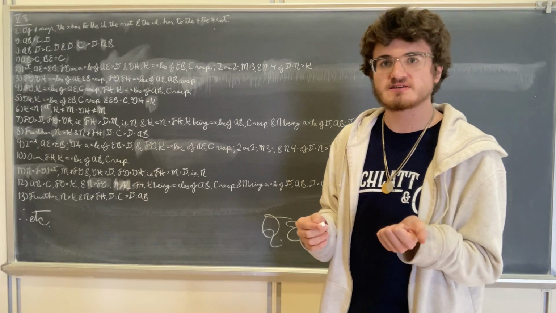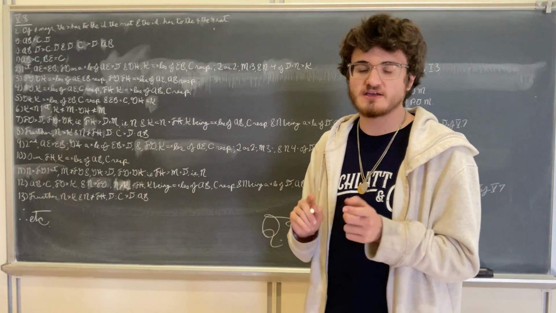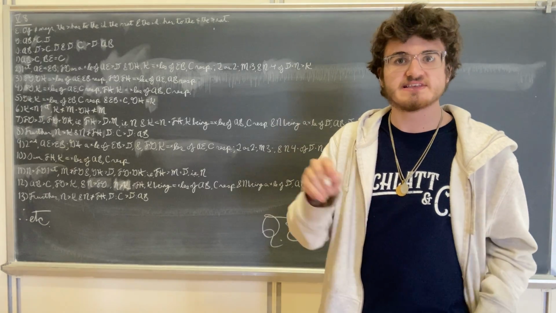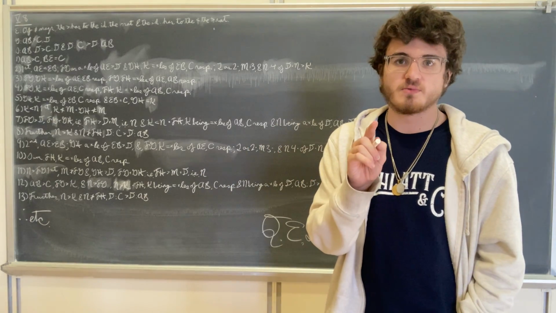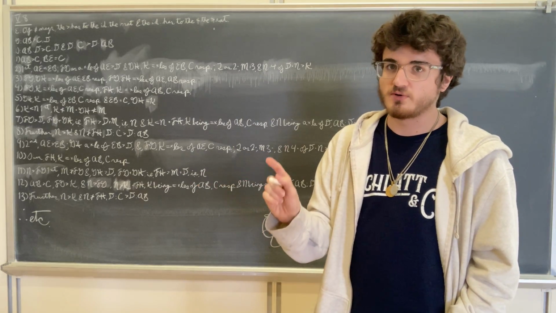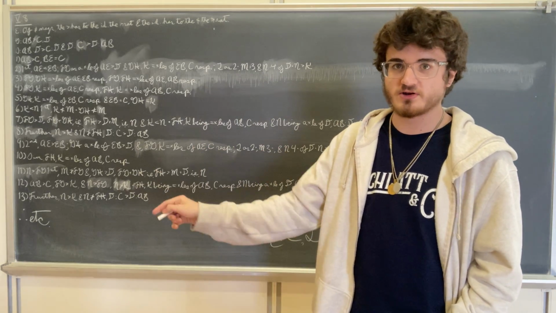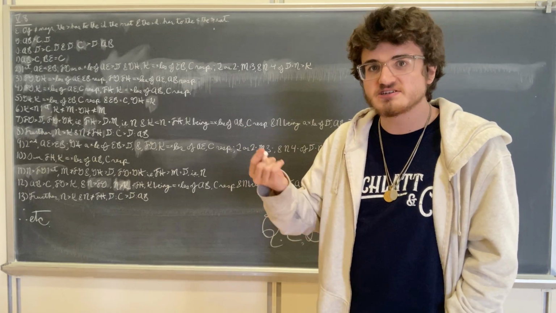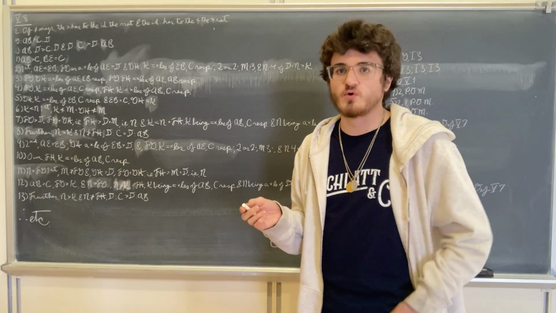If you have four magnitudes and equal multiples be taken of the first and third, and other equal multiples of the second and fourth, if the multiple of the first be greater than the multiple of the second, but the multiple of the third be not greater than the multiple of the fourth, then the first has to the second a greater ratio than the third has to the fourth, right?